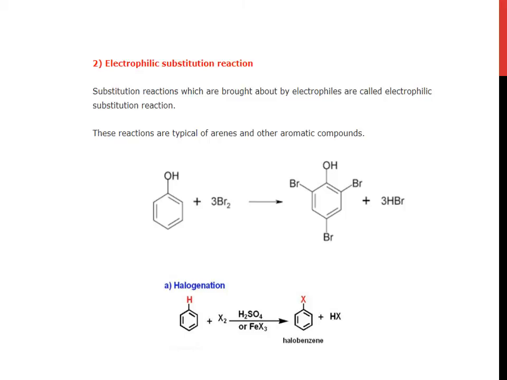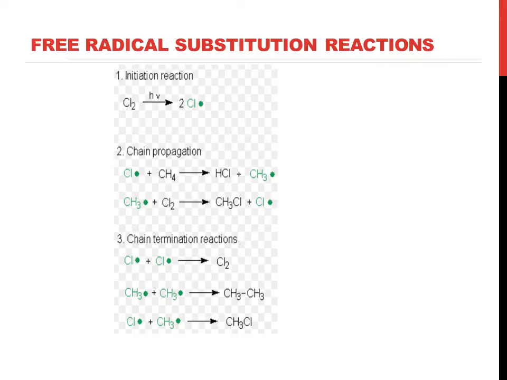Halogenation. Now, what happens when halogens attack the benzene ring? Then it gives halobenzene. H is removed, replacing it with X. So it is a substitution reaction by an electrophile. Free radical substitution reactions. In these reactions, Cl2 in the presence of sunlight, h nu meaning sunlight, gives 2 Cl free radicals. This Cl free radical attacks methane giving CH3 free radical.